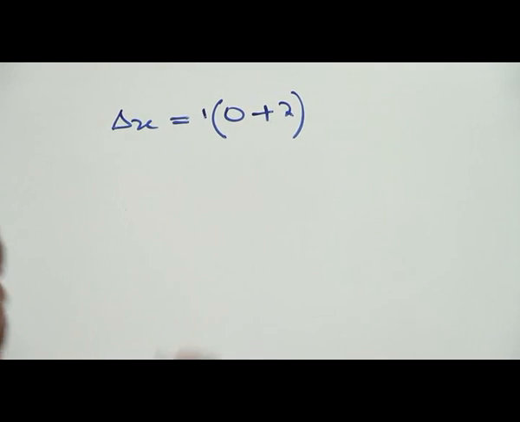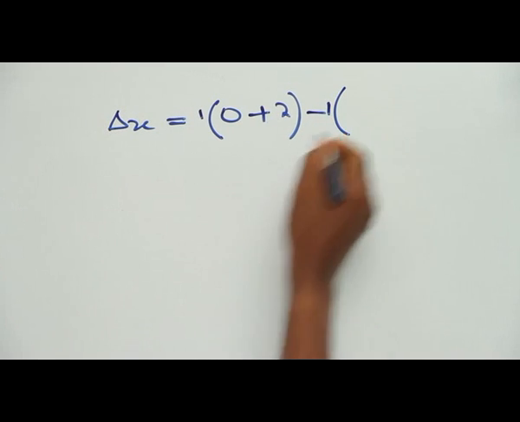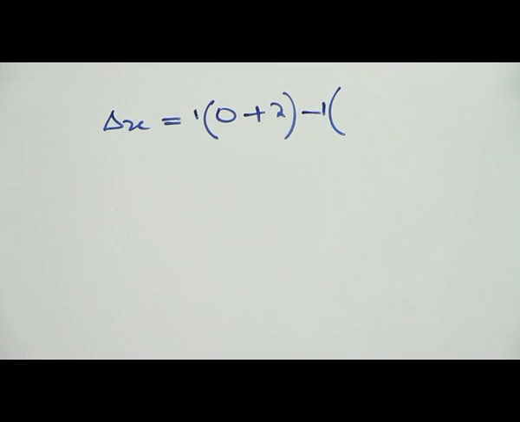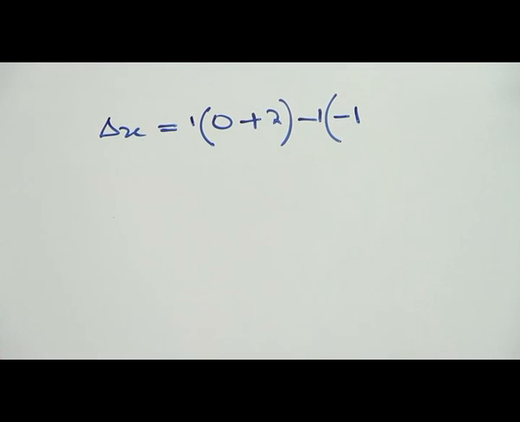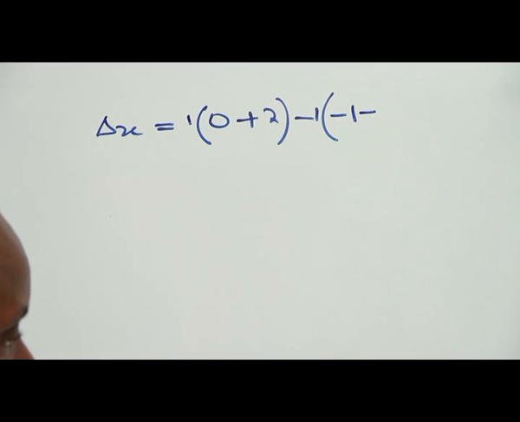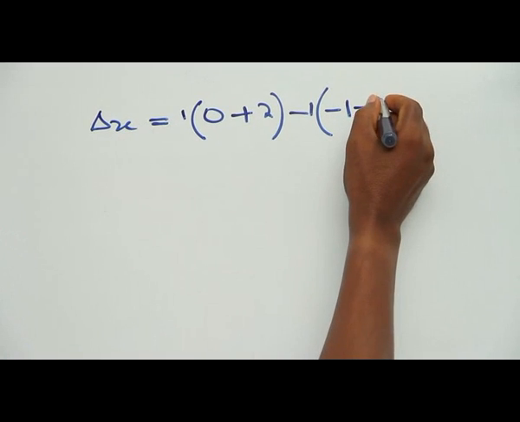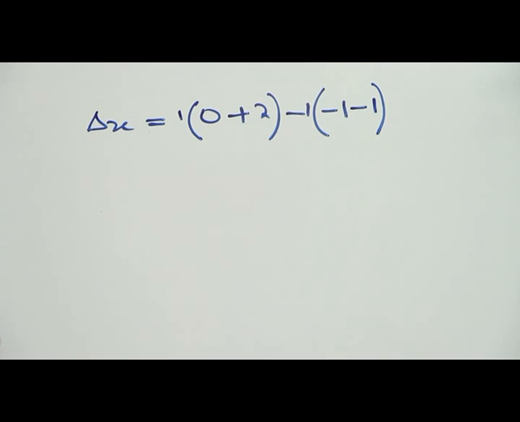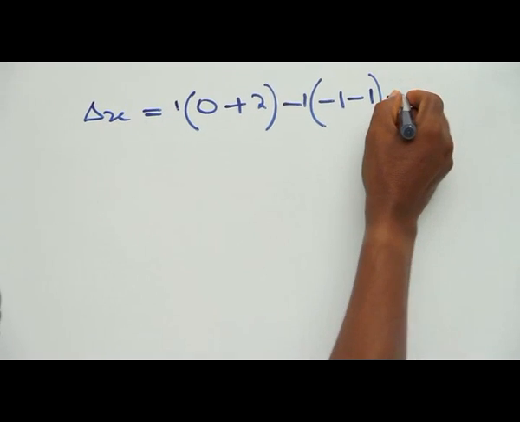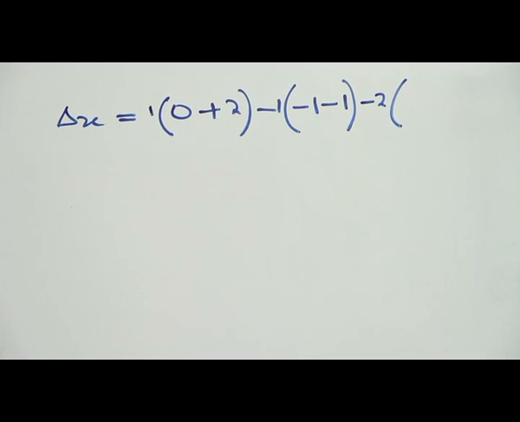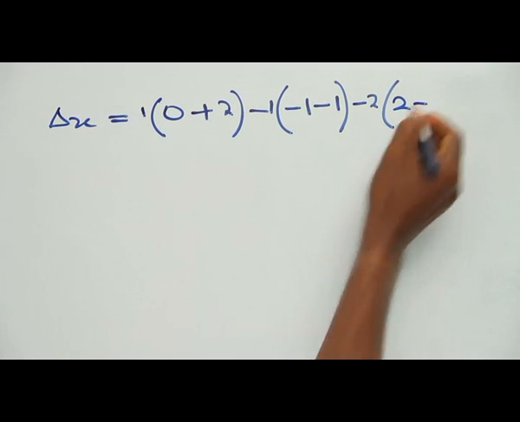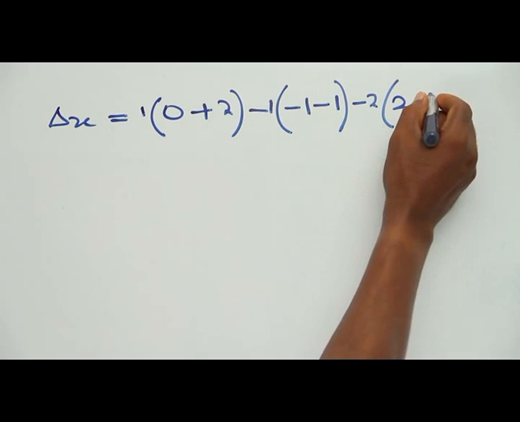Then you have your minus 1 comes in again. You destroy that line, and then all that you will now have is 1 times minus 1 is minus 1, minus 1 times 1, which is 1. Then you take on plus minus 2, which is minus 2, and what you have is minus 2 times minus 1 is 2, minus 1 times 0 is 0.